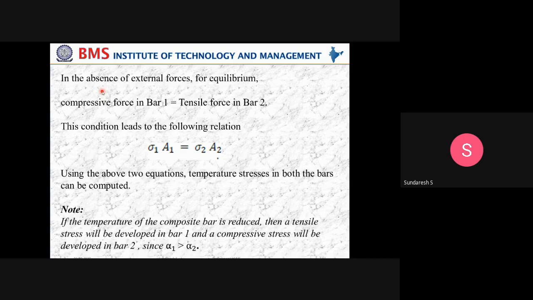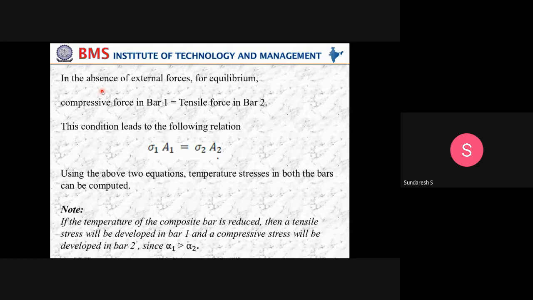So therefore, in the absence of external forces, for the equilibrium condition, the compressive force in bar 1 should be equal to the tensile force in bar 2. Please remember, this is another equation which is required for us to determine the values of sigma 1 and sigma 2 over here. Right. So in the absence of external forces and for equilibrium condition, the force in bar 1 should be equal to the force in bar 2.